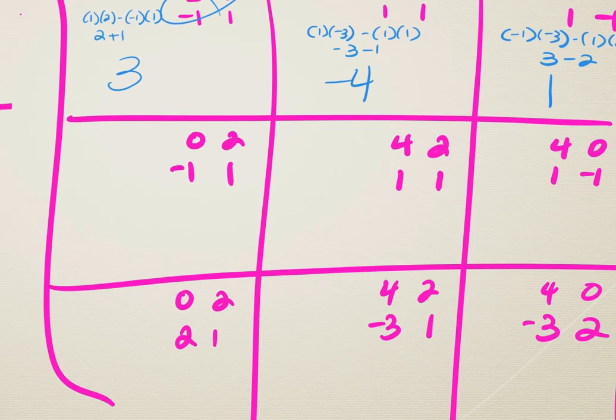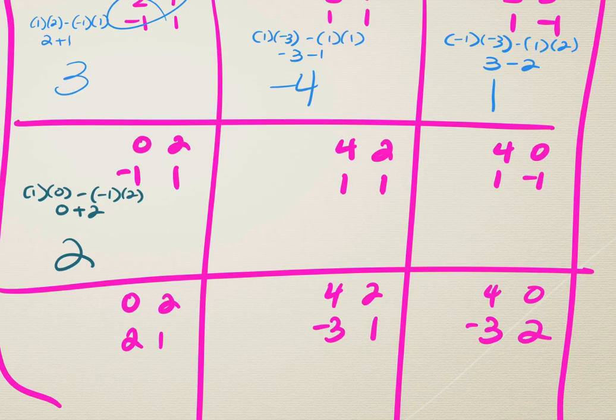Then I go to the next one. 1 times 0 minus -1 times 2, 0 plus 2, 2. 1 times 4 minus 1 times 2, 4 minus 2, 2.